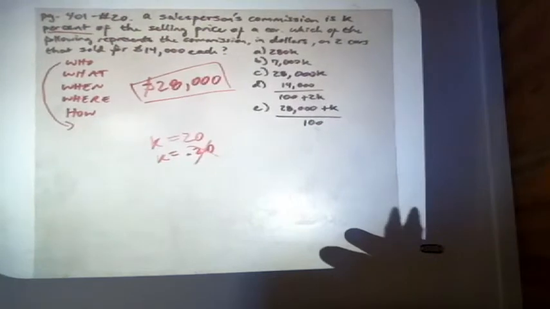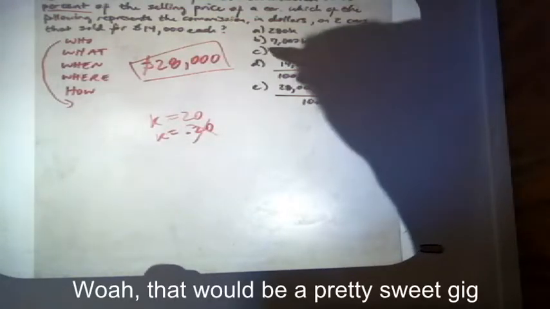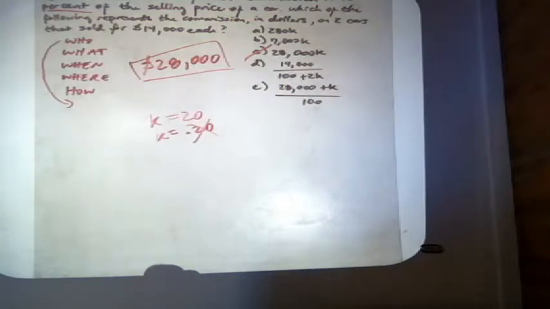So if K represents the commission of the salesperson, then answer choice C would mean that as long as the salesperson got more than a 1% commission, they'd get more than the cars were even worth. That makes absolutely no sense, and we can eliminate that guy. Now, even B, check this out.